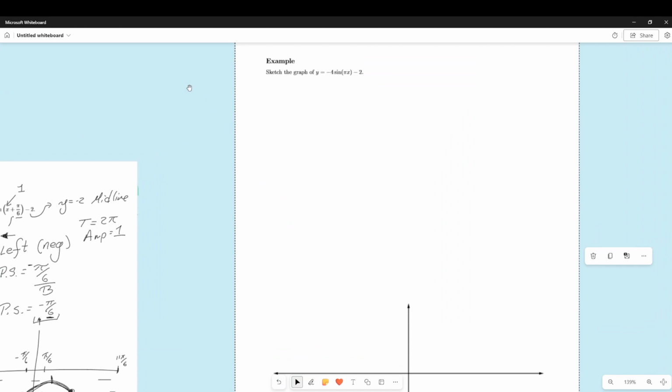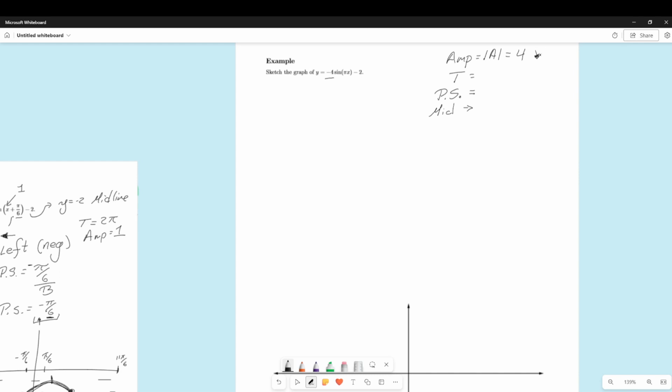So, sketch the graph. Again, the first thing that I want to do is find what's our amplitude, what's our period, what's our phase shift, if any, and where is our midline. Amplitude is the absolute value of that A coefficient, so in this case, it's going to be positive 4. I will remind myself that it's negative by making a little downward arrow.